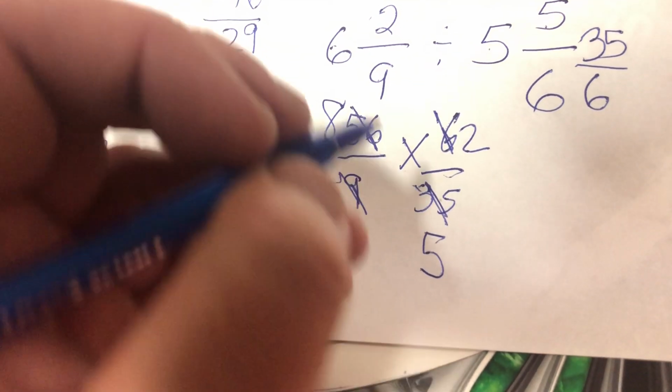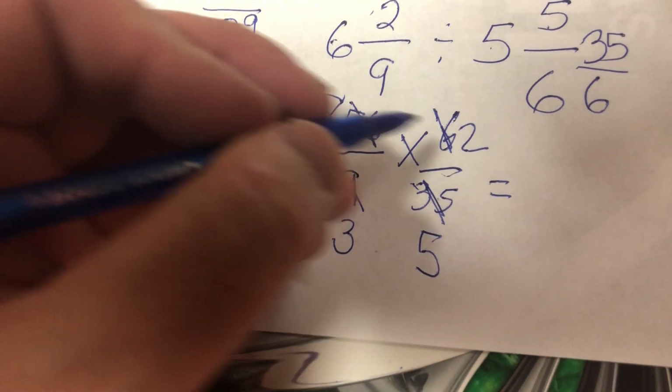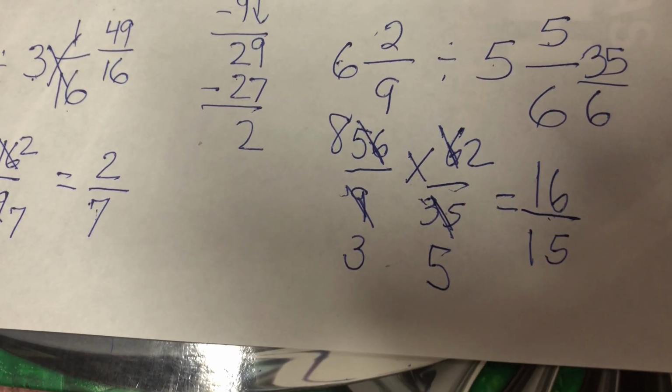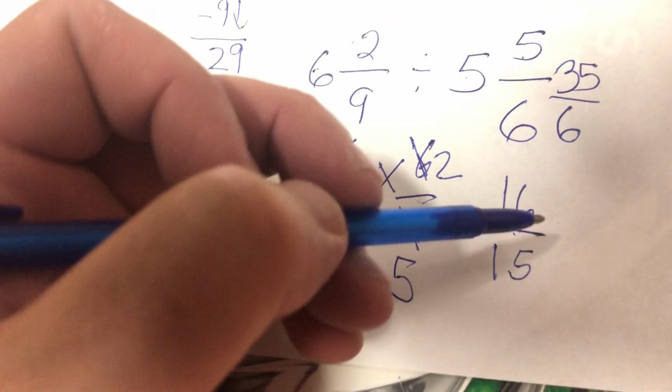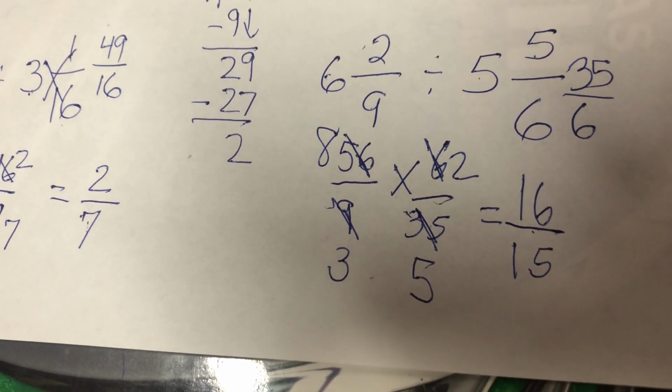So I can go ahead and multiply. 8 times 2, 16. 3 times 5, 15. It is in simplest form because the only number that can go into both 16 and 15 is 1.